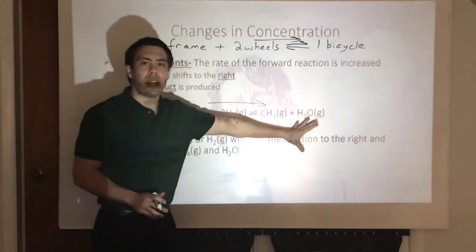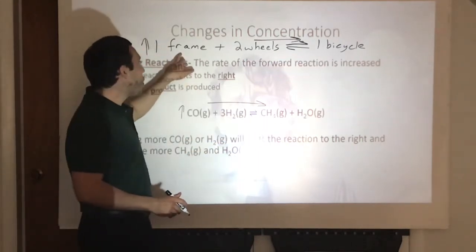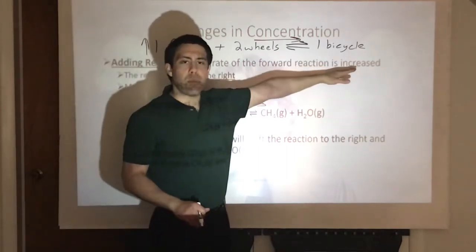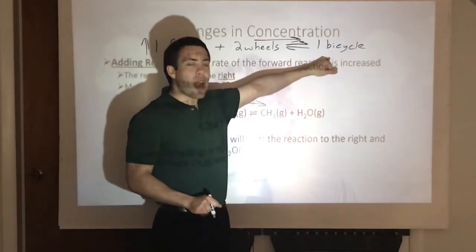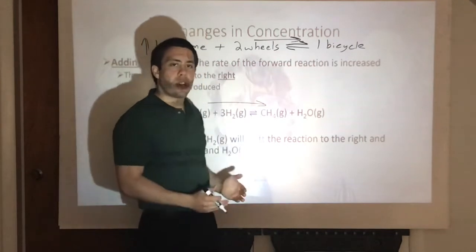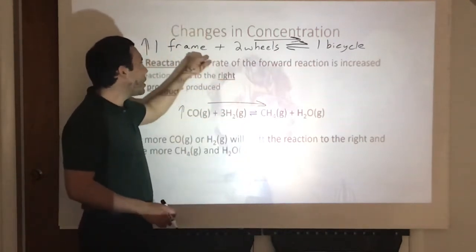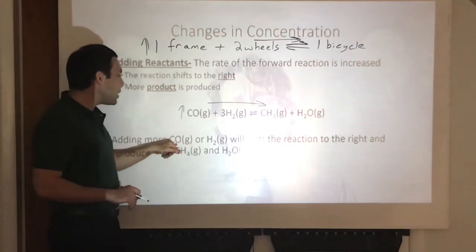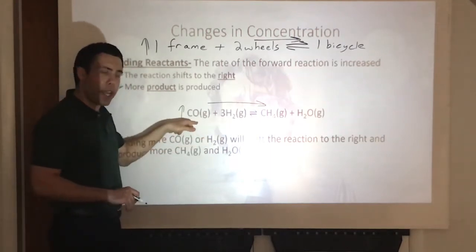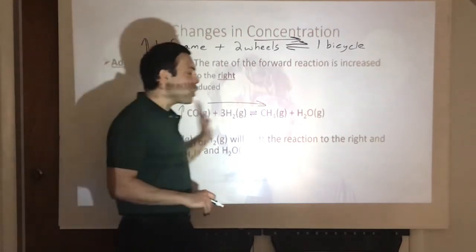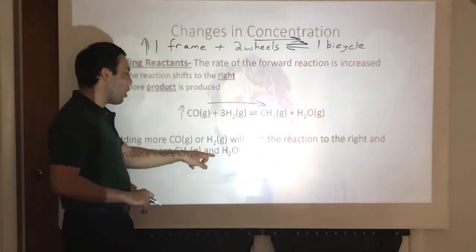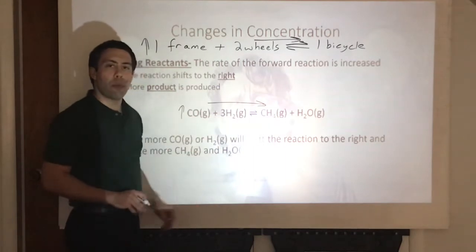More product is being produced. Here we had too many frames. We shifted the reaction to make more bicycles, so the product, the number of bicycles, increased as the number of wheels and frames decreased. Adding more CO or H2, back to our chemical example, will shift the reaction to the right and produce more CH4 and H2O, more product.